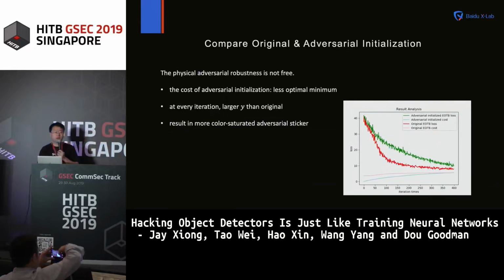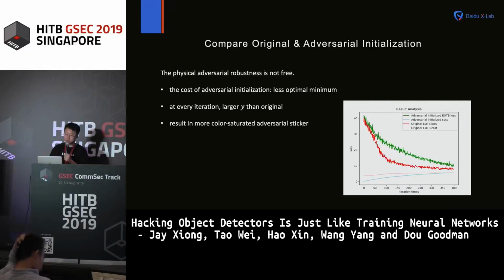So in the attacking process, we find that improving the attack performance is not free, because we can see that in order to get such a sticker, it costs more. The green line represents the improved method. It has larger loss. In theory, we want the loss to be as small as possible, right?